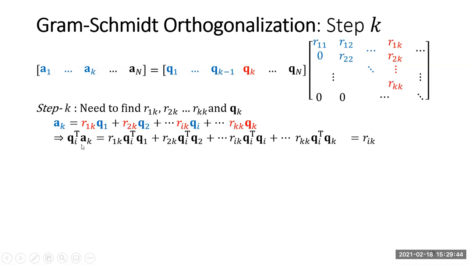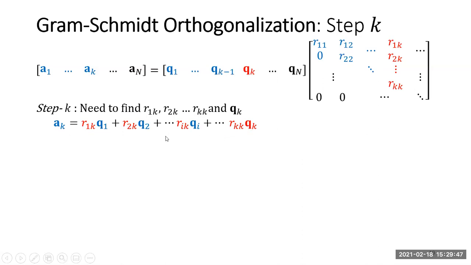Qi transpose Ak equals, what do I get here? I pre-multiply both sides of this expression with Qi, one of these blue Qs, which are known. What do I get? On the left-hand side, I get Qi transpose Ak. What happens on the right-hand side when I do this pre-multiplication? Rik. All other terms except Qi will be 0. Exactly.